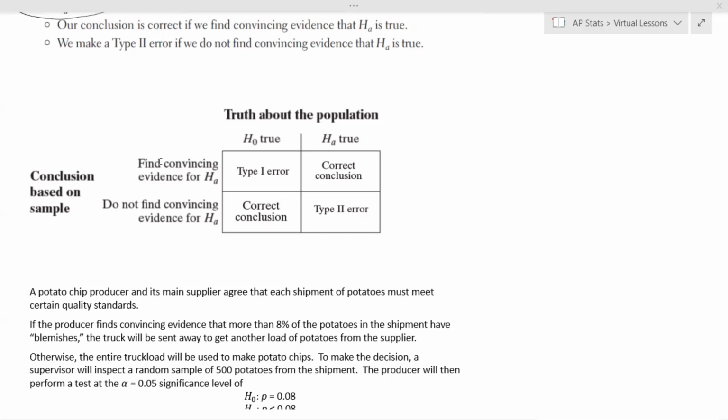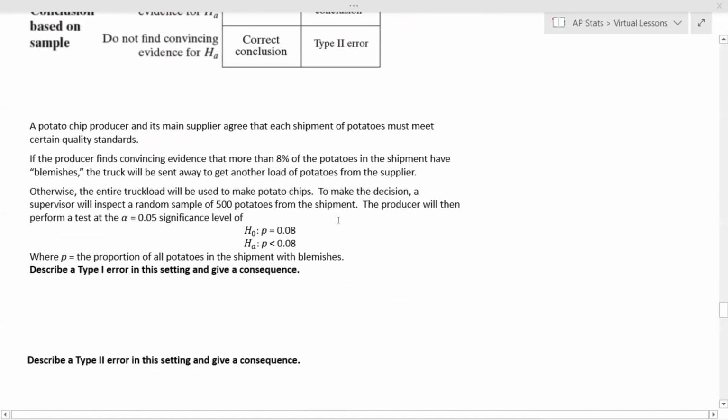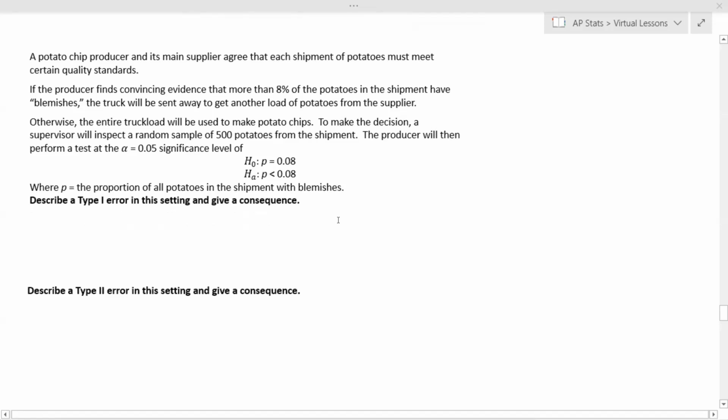But if you find convincing evidence for the alternative and the alternative is really true, then that's a correct conclusion. If you don't find convincing evidence for the alternative and the null is true, well, that's a correct conclusion. But if you don't find convincing evidence for the alternative and the alternative is true, then you've just made a type 2 error.